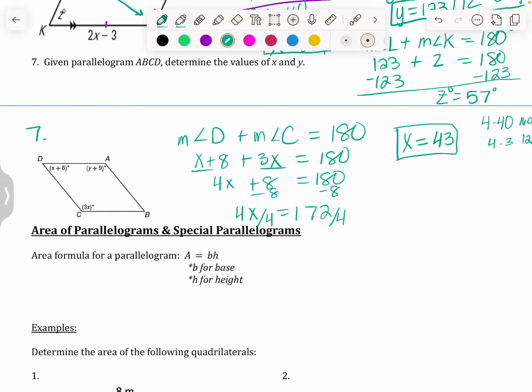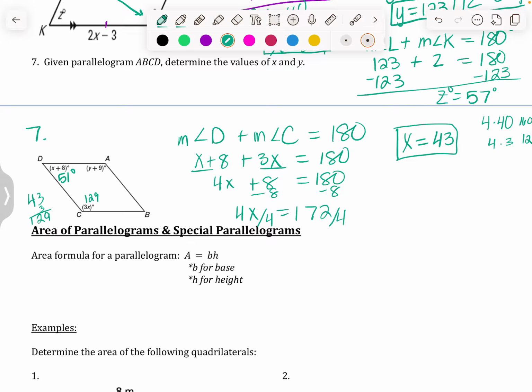Then we're going to have to plug x back in to solve for y. So 43 plus 8 is going to be 51 degrees, or 43 times 3, 3 times 3 is 9, 3 times 40 is 120, so 129. We know that those have to add up to 180, which they do.